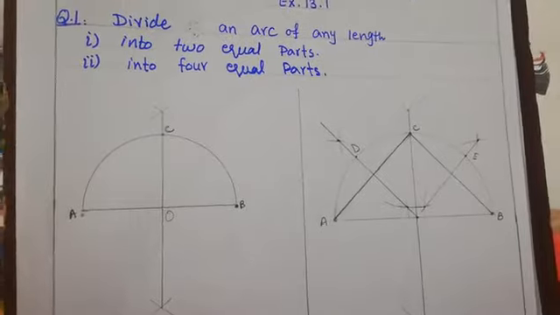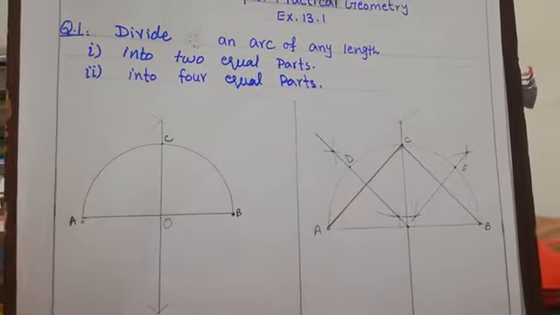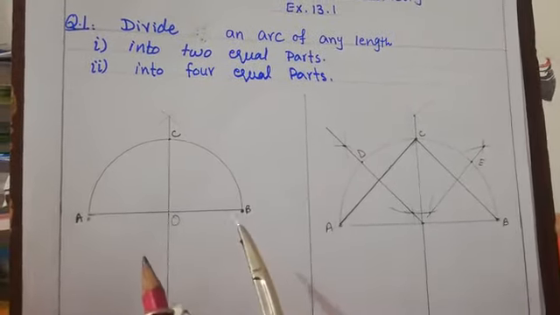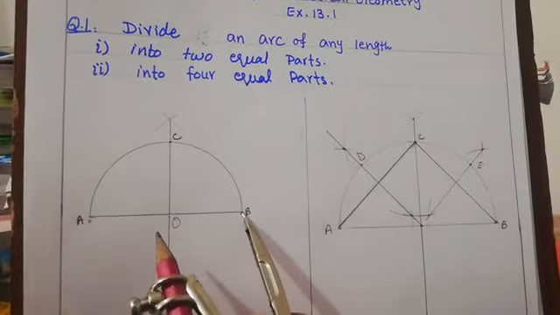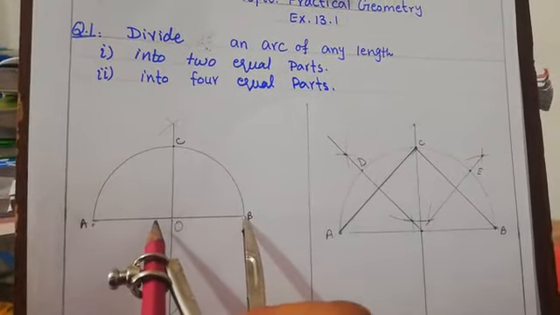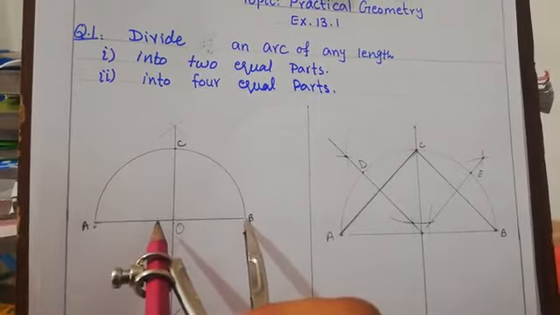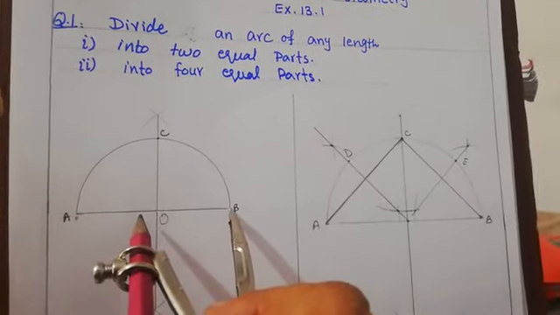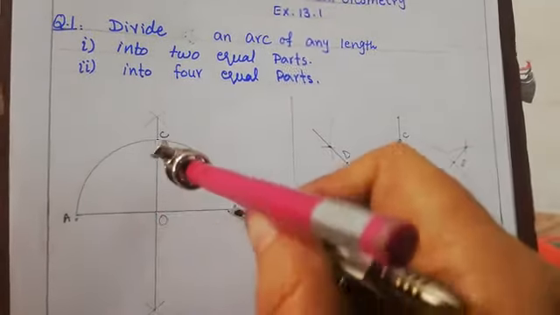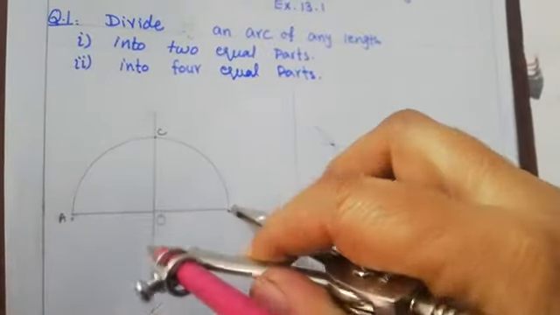How can we draw the perpendicular bisector? You will fix your compass at point B and open the compass to a length greater than half of this line segment. Now draw an arc up and an arc down.